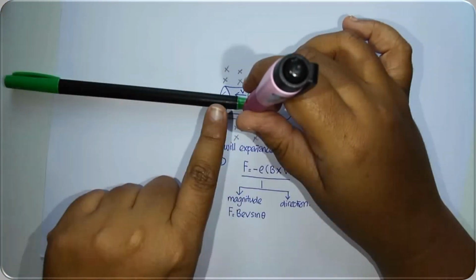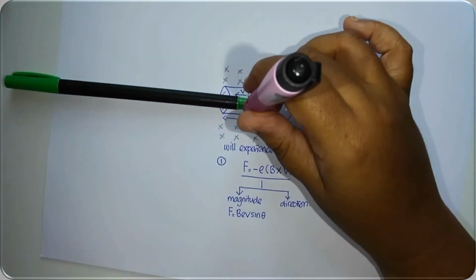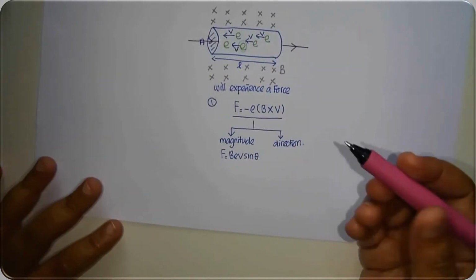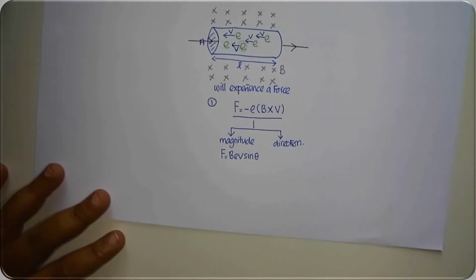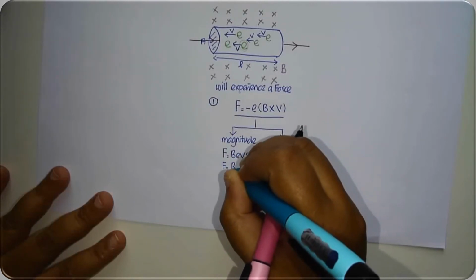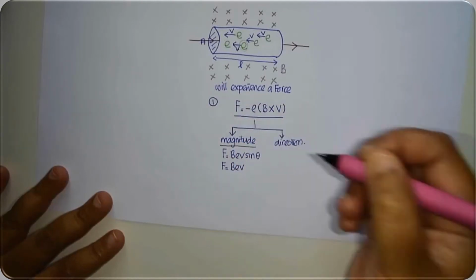The angle between B and v is a right angle, which is 90 degrees. So I substitute theta with 90 degrees and I get F equals B e v. This is the magnitude.